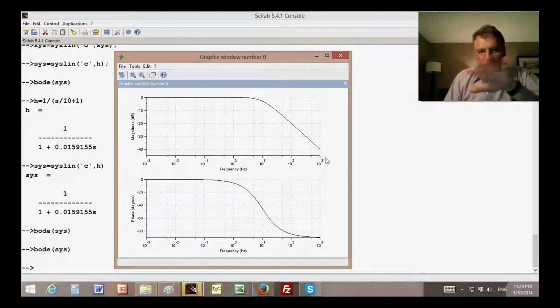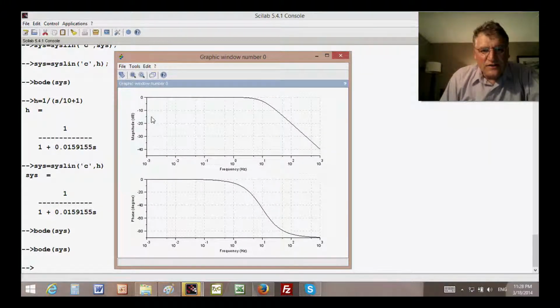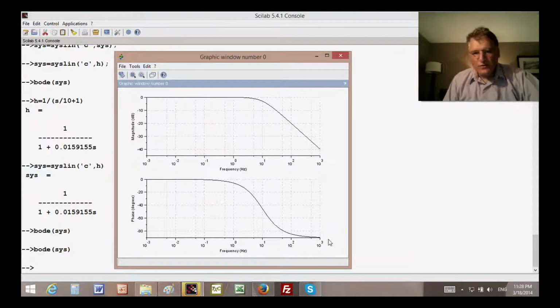For those of you who use MATLAB, you don't have this problem, and you can read the magnitude and the phase. What you see is that the phase starts at 0 degrees at low frequencies, and above 10 radians per second the phase is close to -90 degrees. Around 10 radians per second, it transitions smoothly from 0 to -90 degrees.